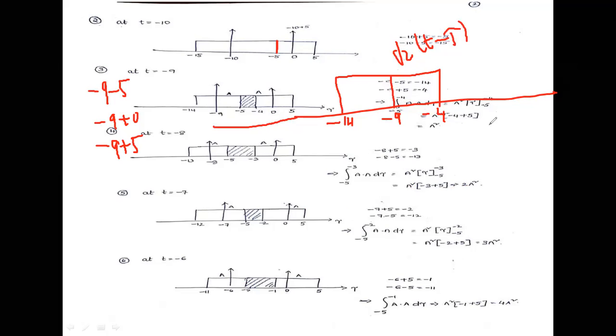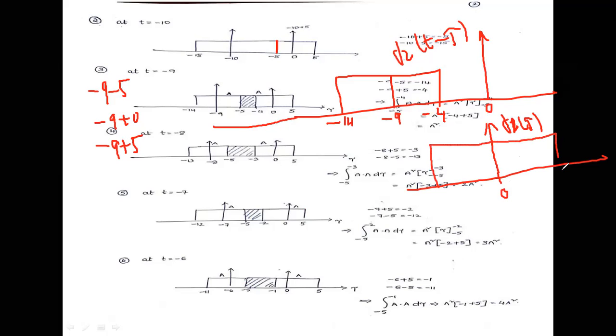And here the arrow mark is of F2 of t, and here the arrow mark you can take as F1 of tau, with the 0 value here also. Now I am taking it as minus 5, 0 and plus 5. Minus 5 is here, so minus 4 we get here.